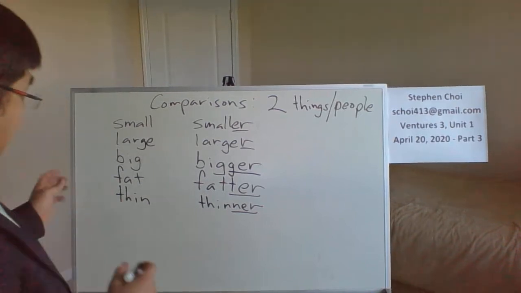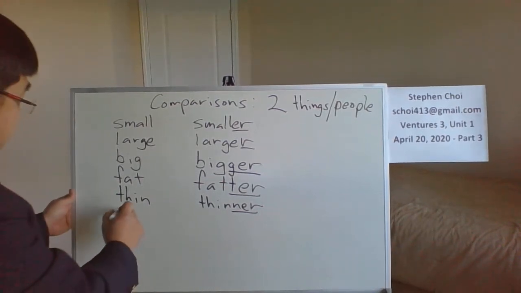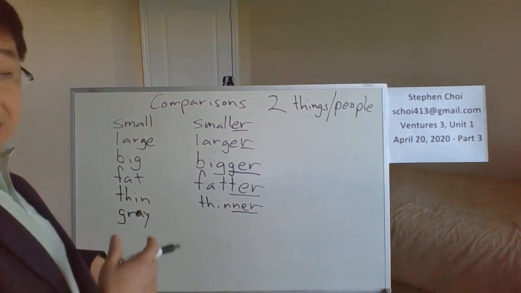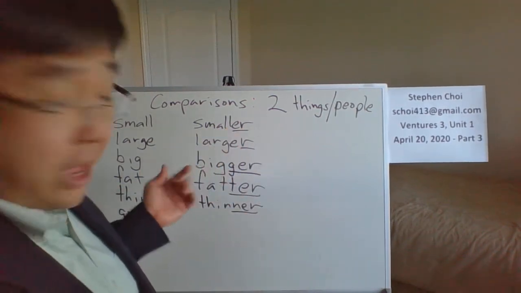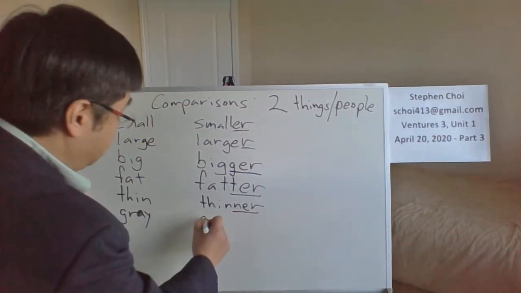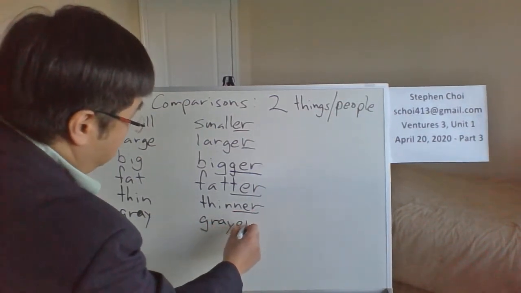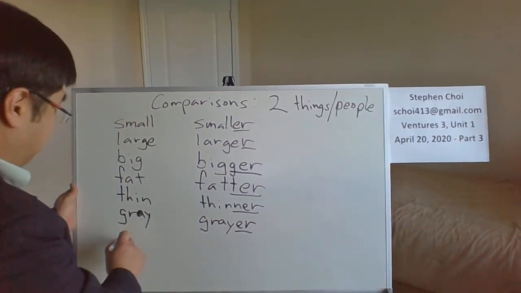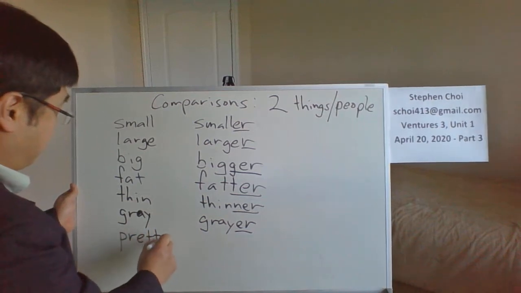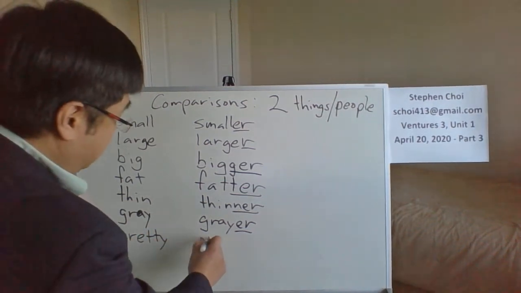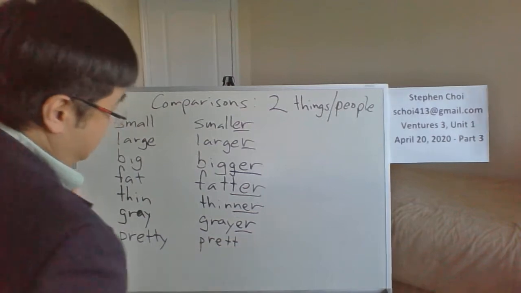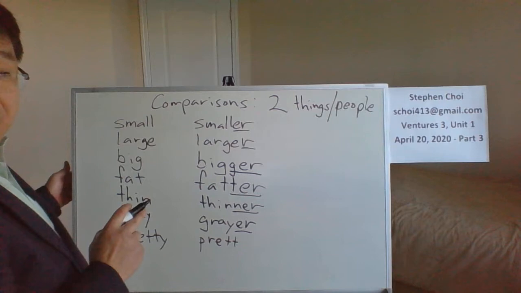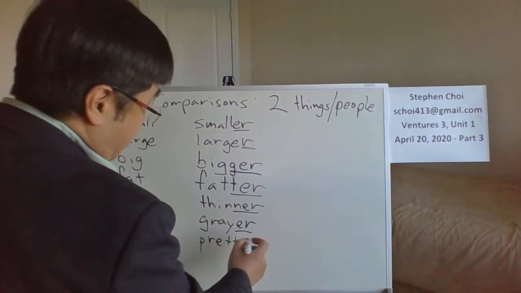How about the Y's? If you have a word like gray, like the color gray, this wall is gray, and that wall is grayer. Just put an er. But if it's a word like pretty, it becomes prettier. Just like we do in other parts of speech, same here in the adjective.